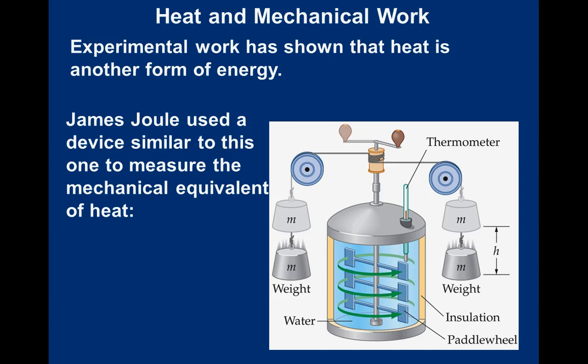And knowing mgh, our gravitational potential energy, the work that could be done on this water, taking this energy and turning it into heat energy stored in the water, at least temporarily, he figured out the mechanical equivalent of heat.